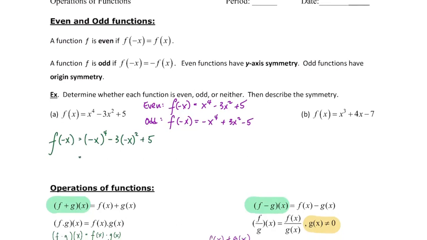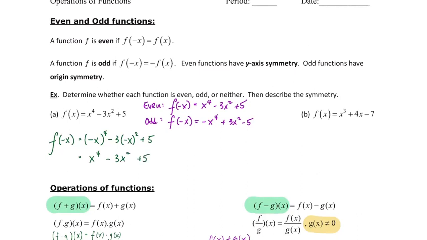All right, so negative x in parentheses to the fourth power. The whole negative x is raised to the fourth power, so it's positive. And then minus 3 times negative x squared, which is positive x squared, plus 5.